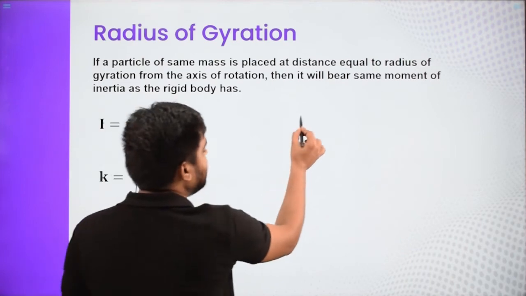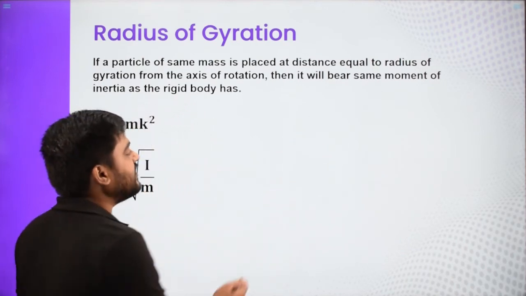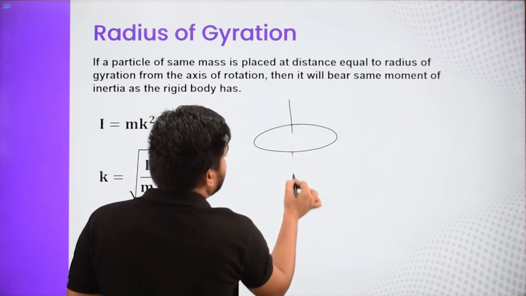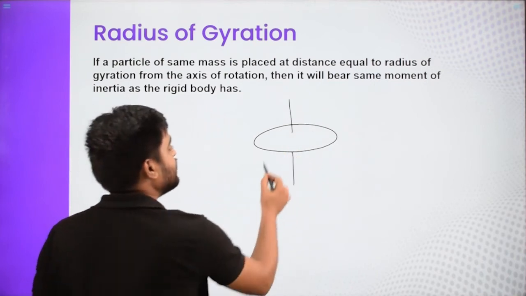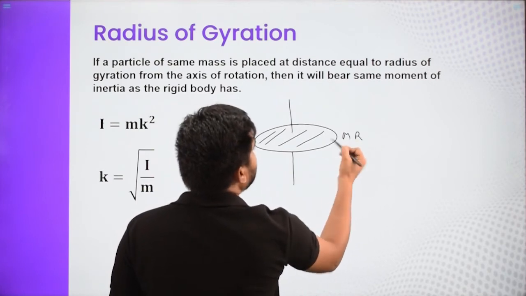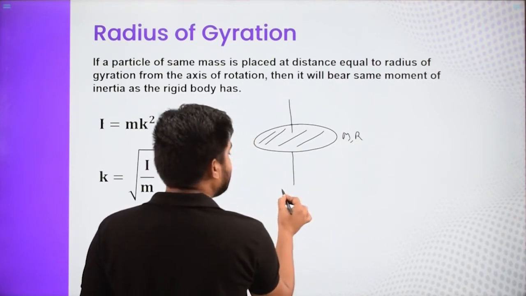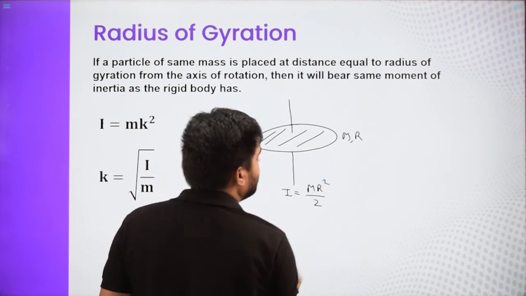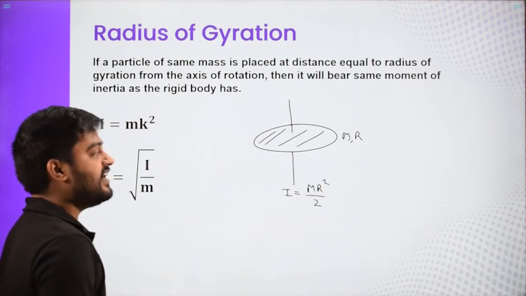I am taking the example of a disc. So this is a disc, and this is the axis I am talking about. This disc has mass M and radius R, so the moment of inertia about this axis is going to be MR square by 2. Now, what will be the radius of gyration?